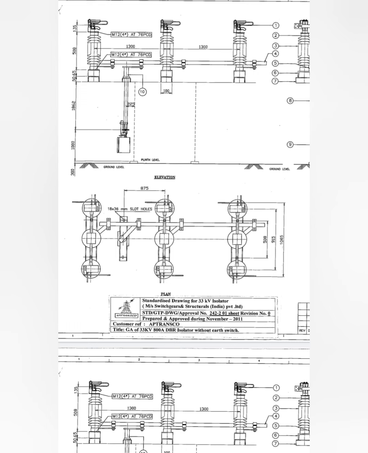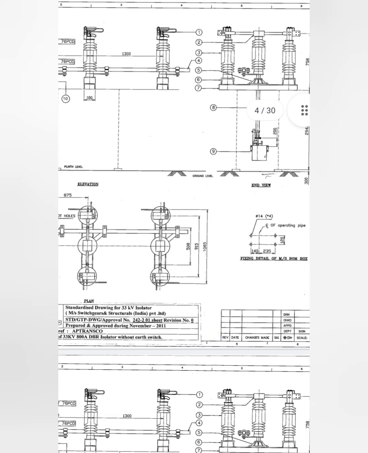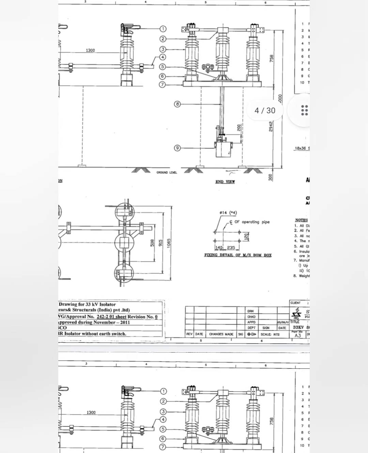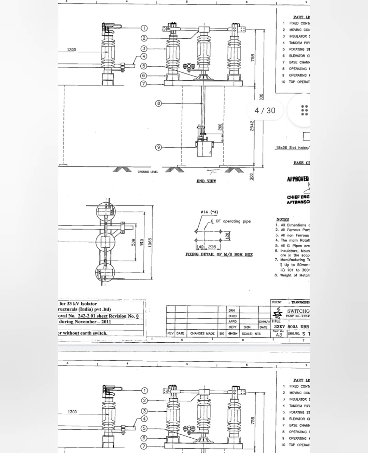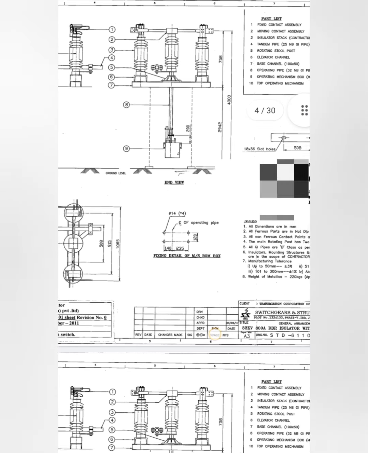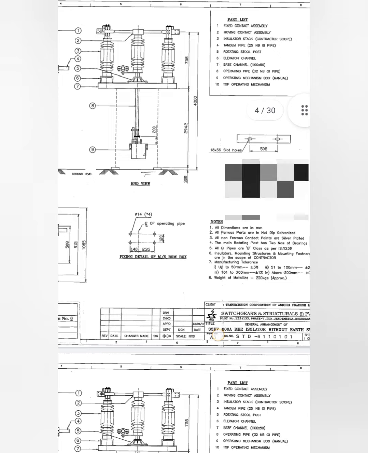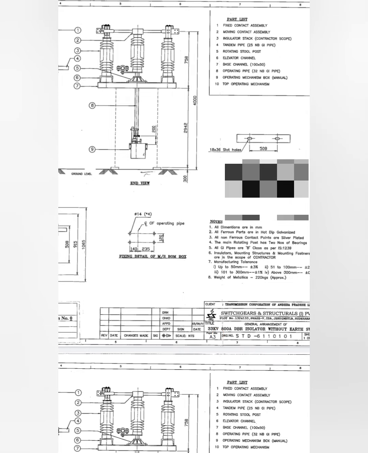From the structure itself you can see that all three phase isolators are interconnected by rotating shafts. So the operation will be carried out by a combination: all three phases open at a time and close at a time by the rotating shafts. These shafts are interlinked with each other.